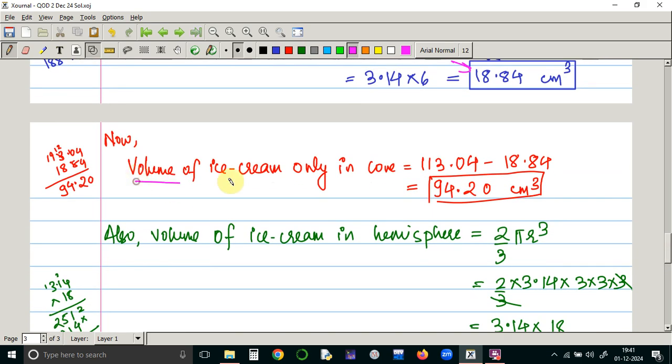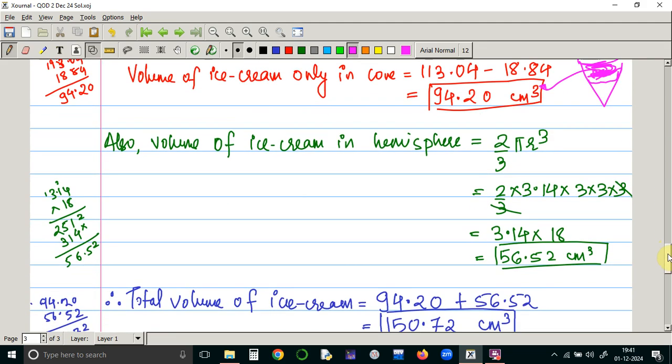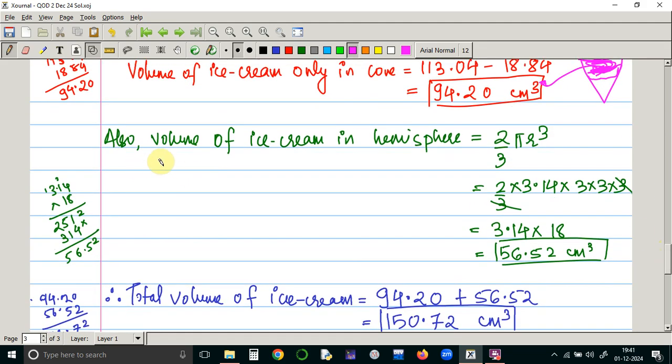Now the volume of ice cream only in the conical part will be the total volume minus the empty space. So this much ice cream is filled in the conical part only. The ice cream is over here, and this is empty. Now we have to find the amount of ice cream in the hemispherical part, which is on top of the conical part.